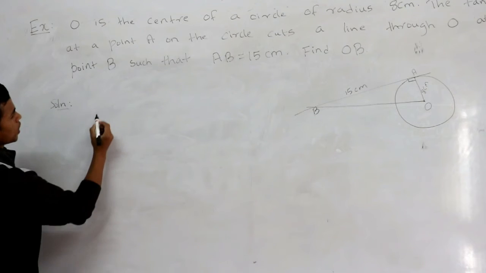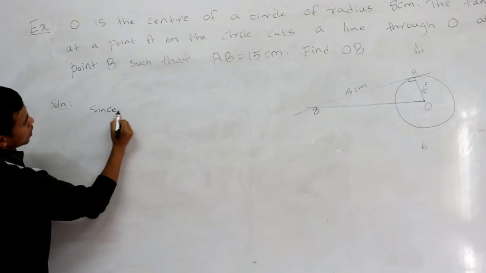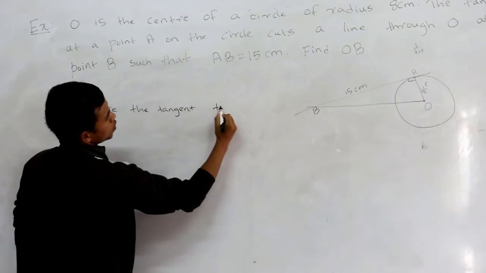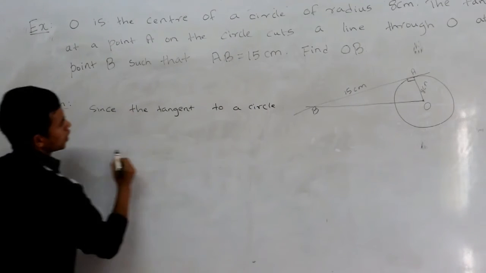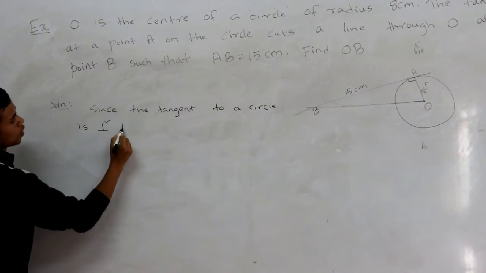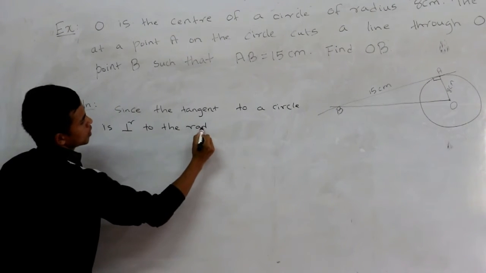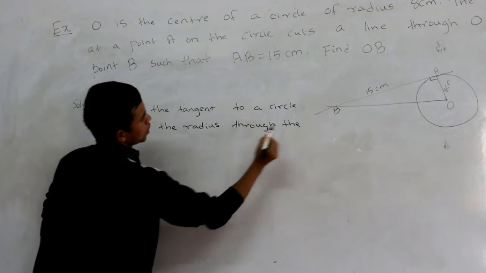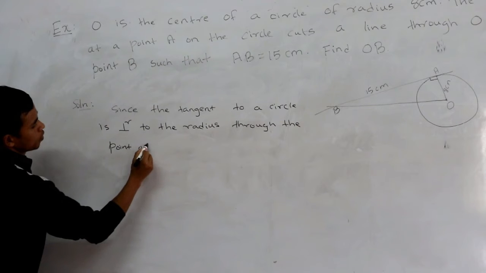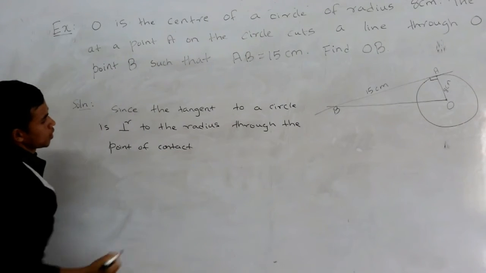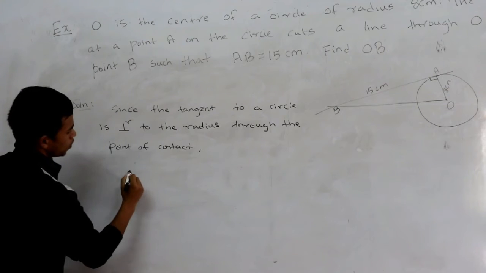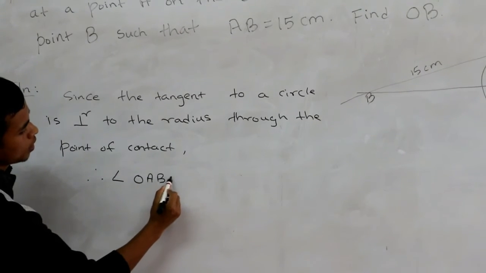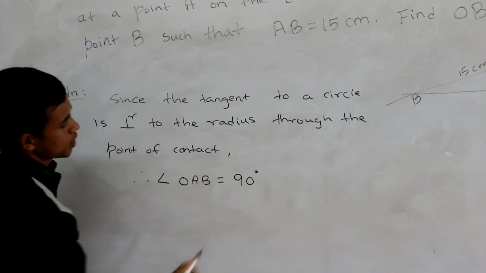So let us write that. So since the tangent to a circle is perpendicular to the radius through the point of contact, therefore we have that angle OAB to be 90 degrees.